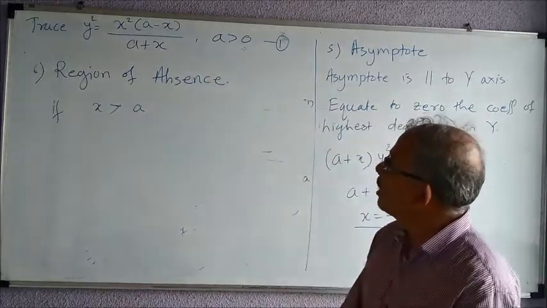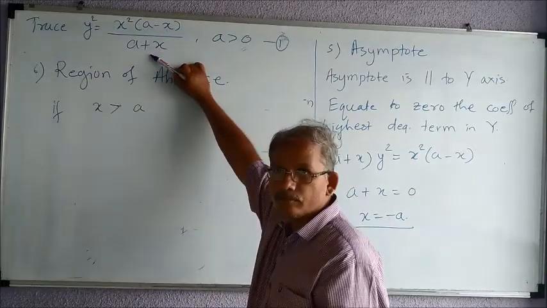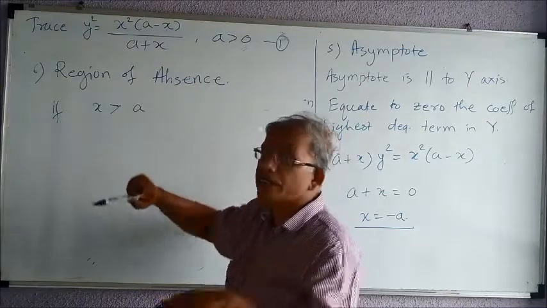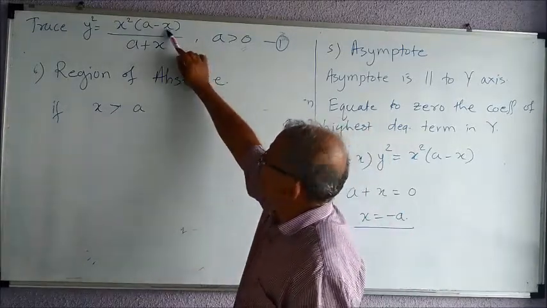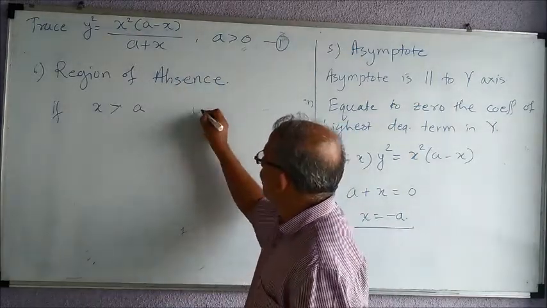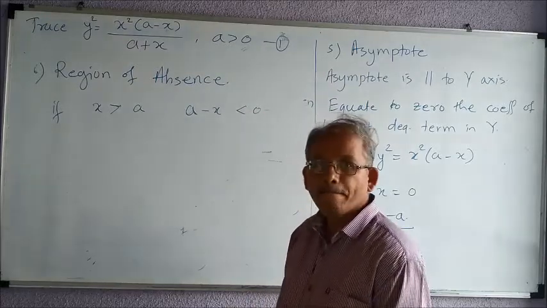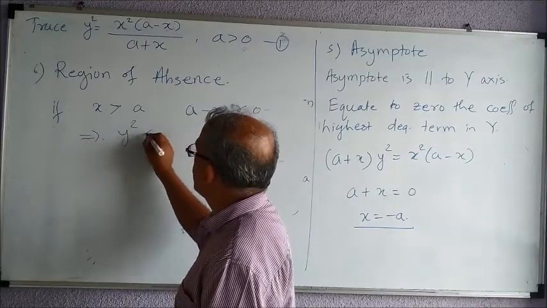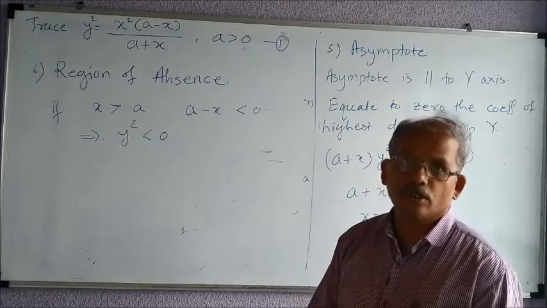x is greater than a, see this term is always positive. This term is positive because we are taking a to be positive, and x is greater than a, so x we are also taking positive. But look at this term, a minus x. If x is greater than a, a minus x will be less than 0, and this implies y square is less than 0 and therefore y is imaginary.